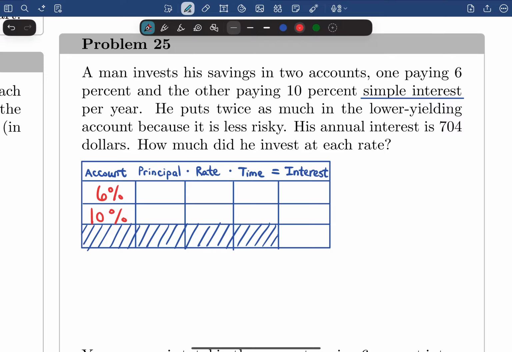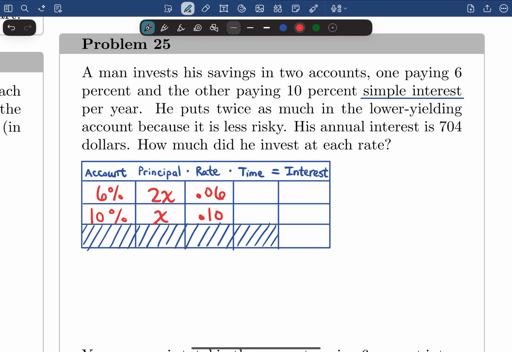So if he puts x amount in the 10% account, he's putting double that in the 6% to reduce his risk. The rate of the 6% account will be 0.06, and the rate of the 10% account is 0.10. We always turn percentages into their decimals.